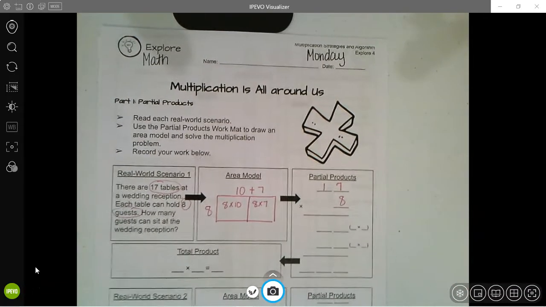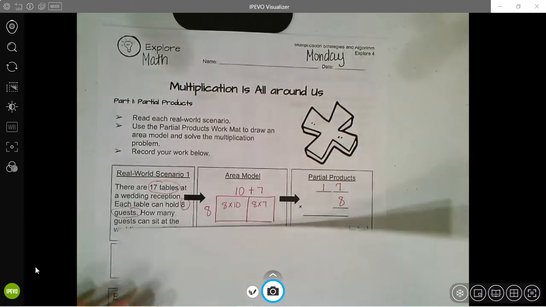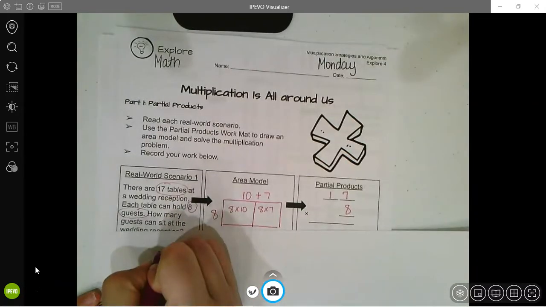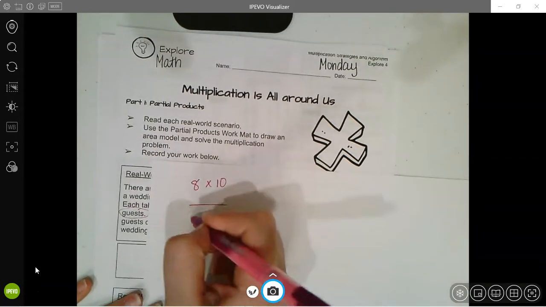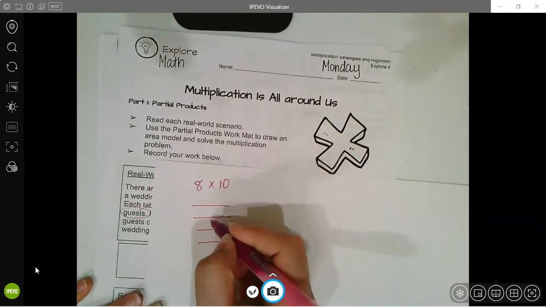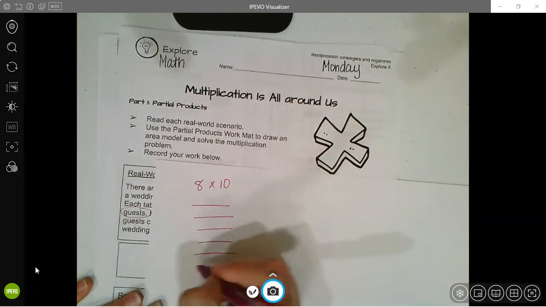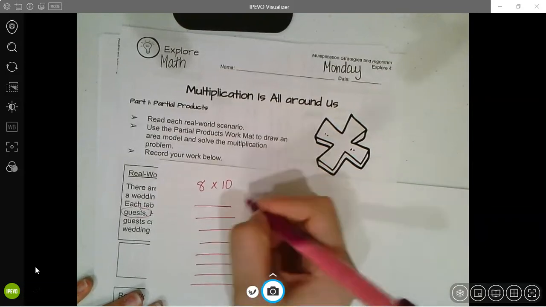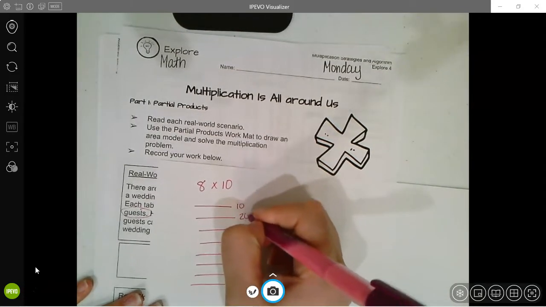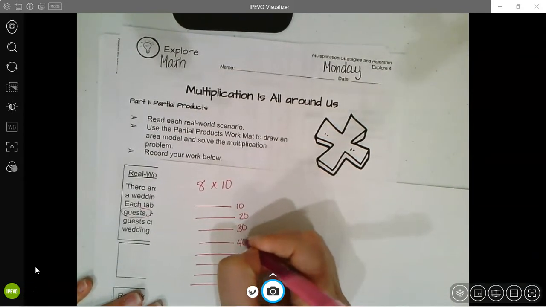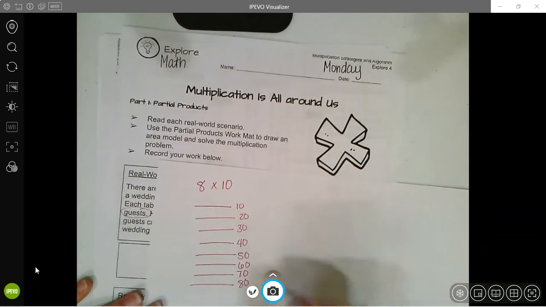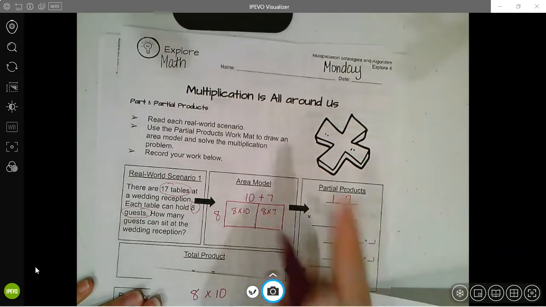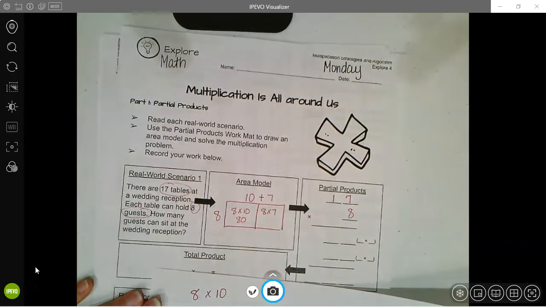If I get an extra piece of paper and do 8 times 10, that means I have 8 groups of 10. So 1, 2, 3, 4, 5, 6, 7, 8. So I have 10, 20, 30, 40, 50, 60, 70, 80. So 8 times 10 is 80.